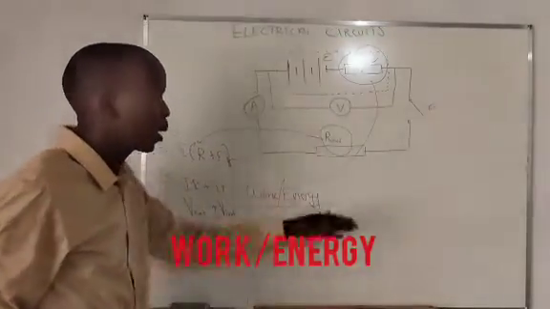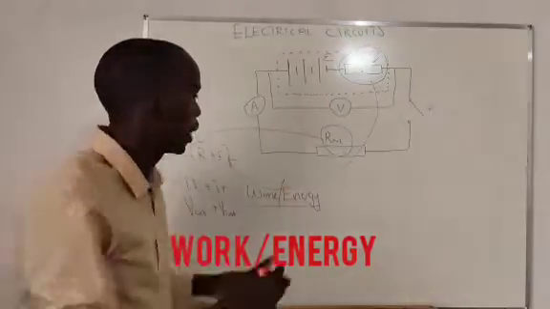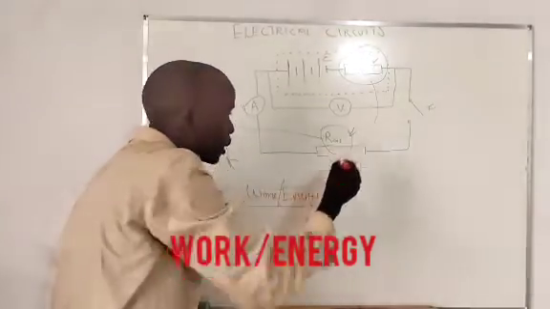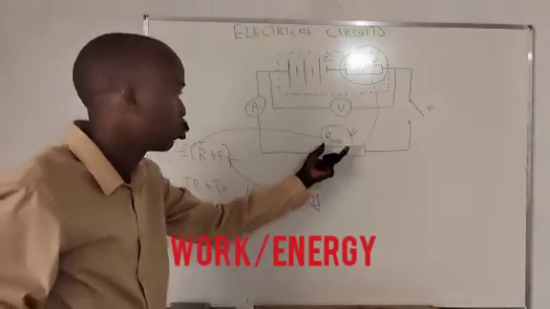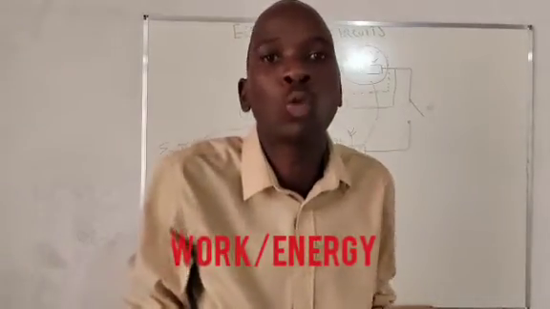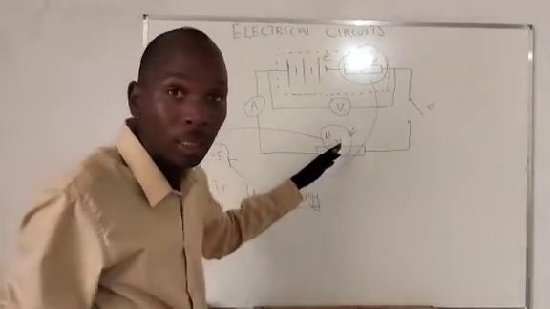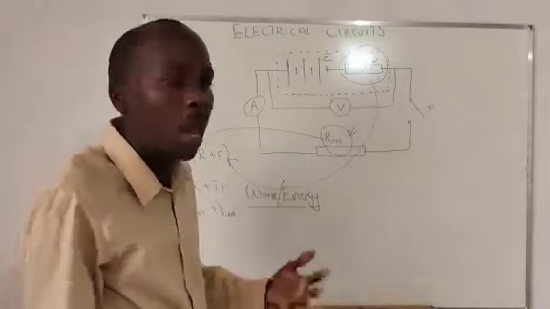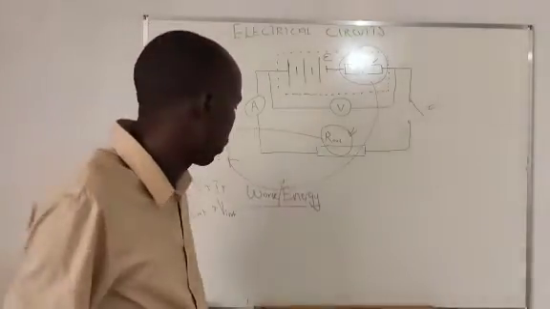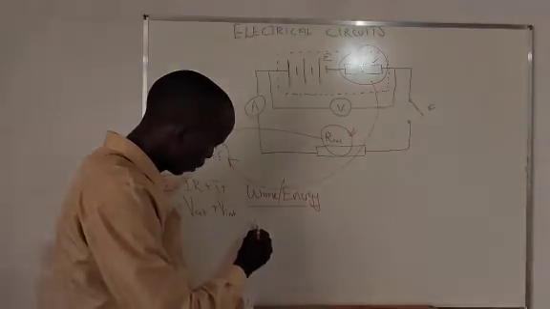Sometimes we can be required to calculate the energy dissipated by this component, which is the resistor. Sometimes it would be the energy dissipated by or supplied to a bulb. So it can be a resistor in some cases, or the component can be a bulb or any other electrical component. So the formula is given by work.